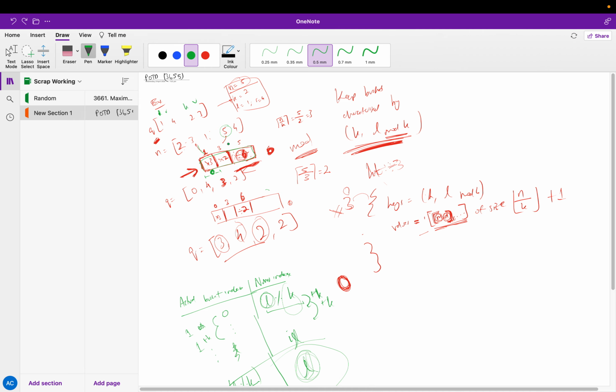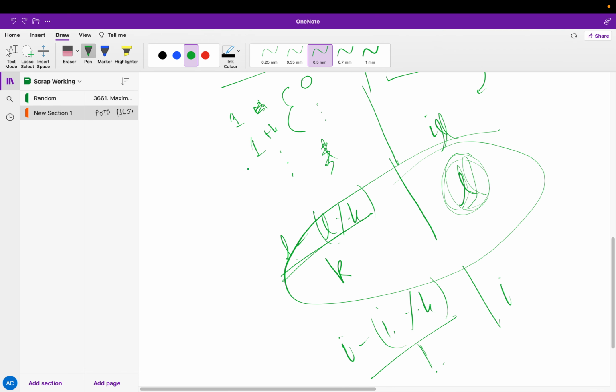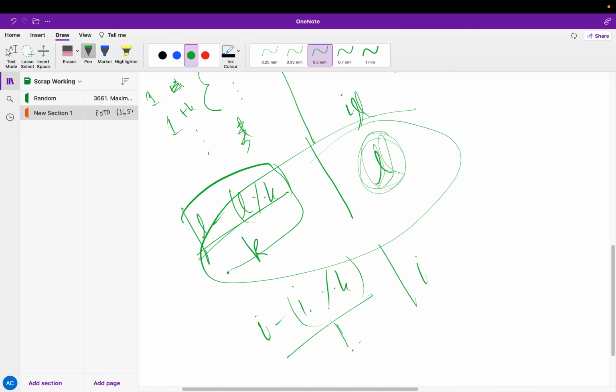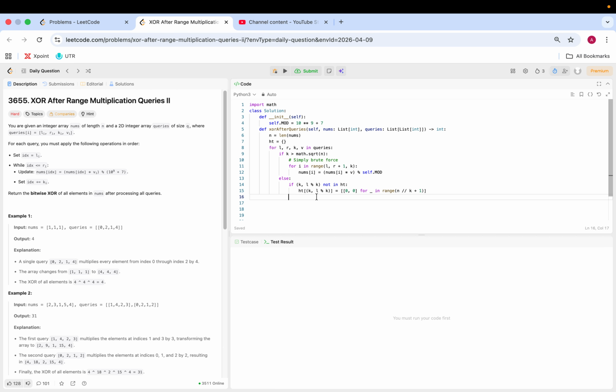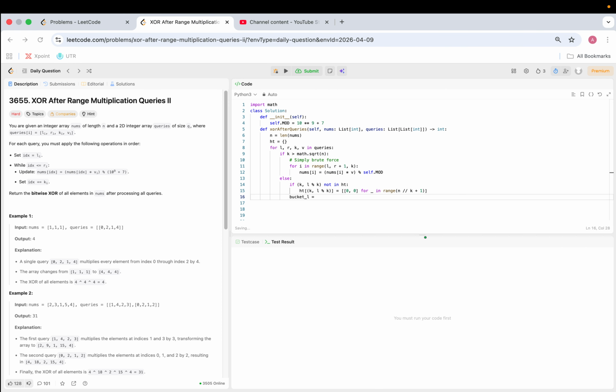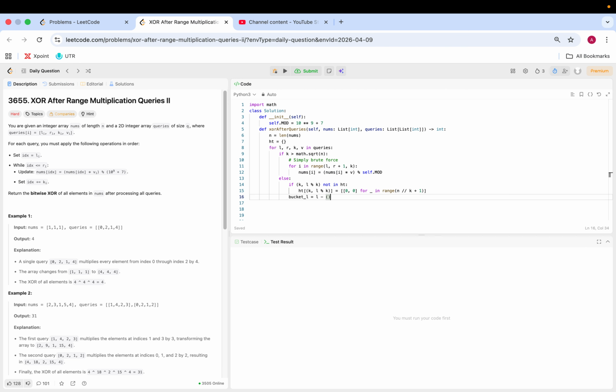I've overcomplicated it significantly, but I'm pretty sure this is the right formula. So bucket L is equal to L minus L mod K.